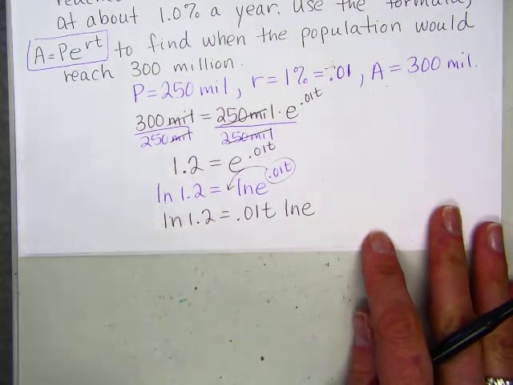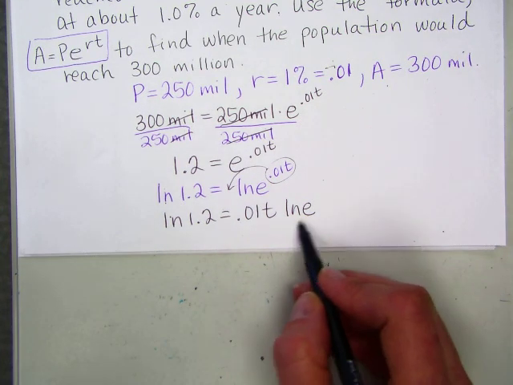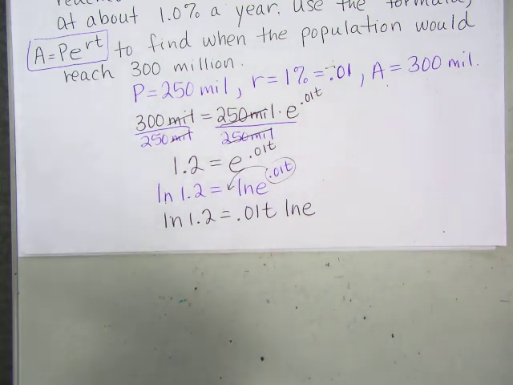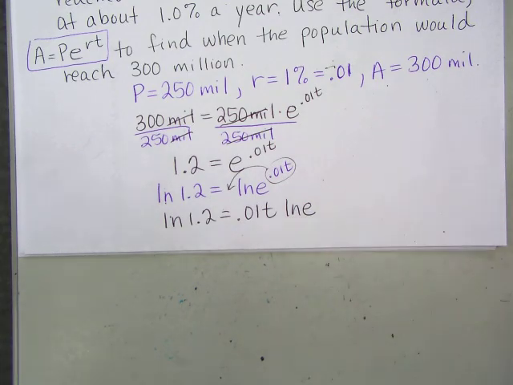Now here is the only advantage of using natural log versus common log. Will you type into your calculator, please, the natural log of E and tell me what that is? What is the natural log of E?